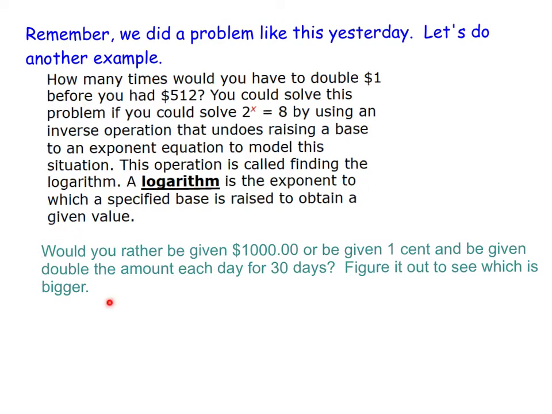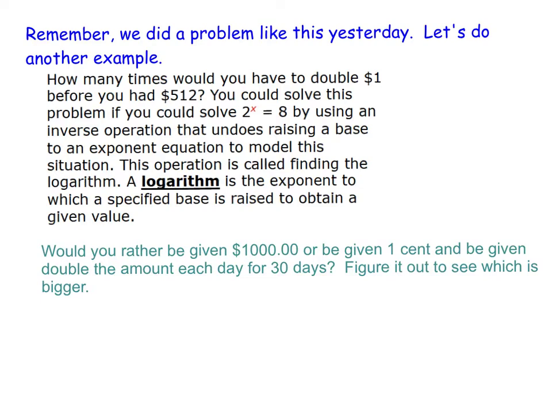Now, here is a problem right here. I'm going to explain this problem, and you're going to have this problem done, and you're going to give it to me on the way in the door to class tomorrow. Now, here's the scenario. Would you rather somebody give you $1,000, or would you rather be given 1 cent, and that amount doubled each day for 30 days?